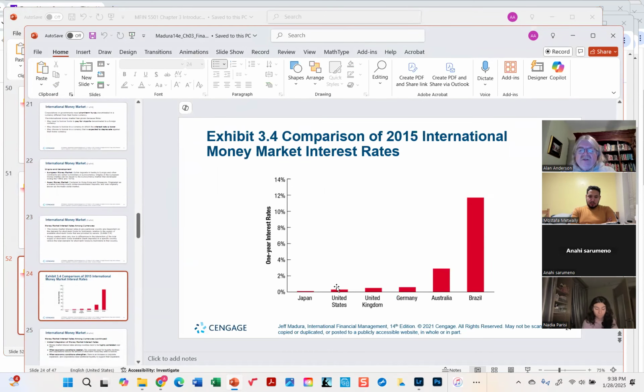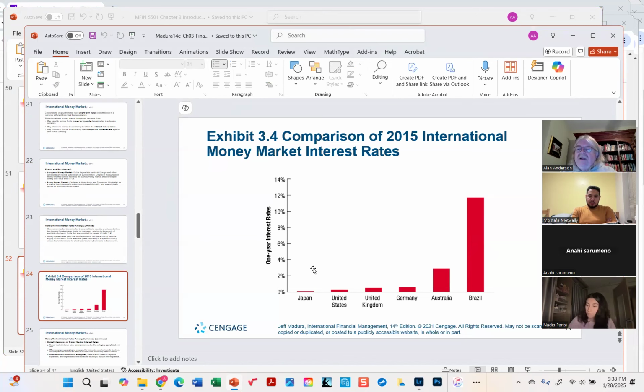Now, by the way, here's an interesting chart showing you the Euro money market interest rates. Look at Brazil. It's so much higher than the others. Usually, this is a sign that this country has a relatively high inflation rate. If you notice Japan, it's close to zero because their inflation has been close to zero for over 30 years now. They just don't have any inflation over there.